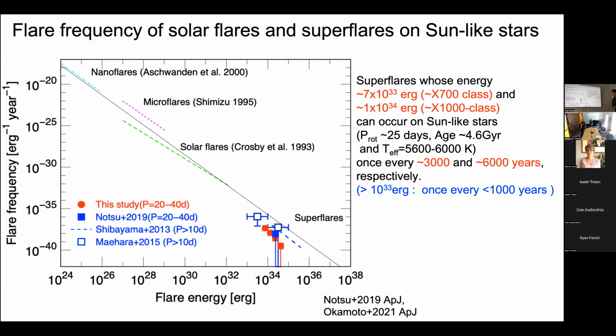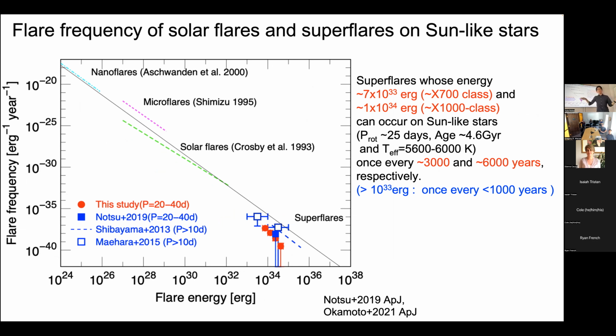So these are solar probes and increasing years, but these red points are the latest analysis result of superflare frequency on our sunlike stars. So then we can say there is, roughly speaking, a one power relation.